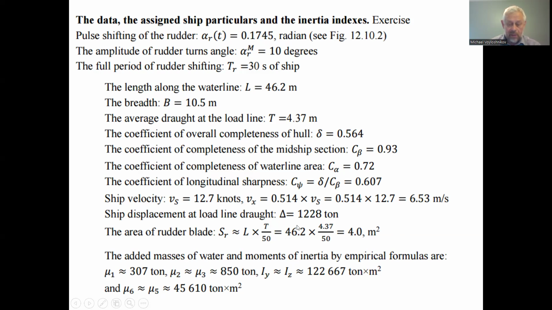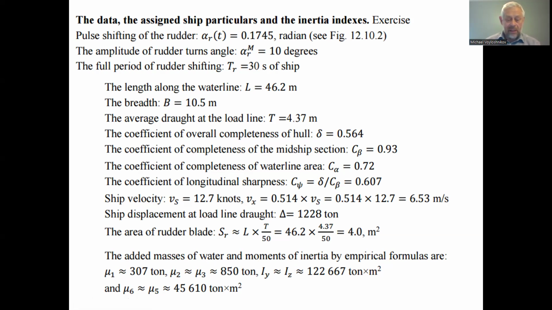Displacement of the ship is 1,228 tons. The area of the rudder blade is just the 1/50th part of the area of the ship section by the diametral plane. The diametral plane section area is about the ship length times draft, divided by 50. We have the rudder area of 4 square meters.